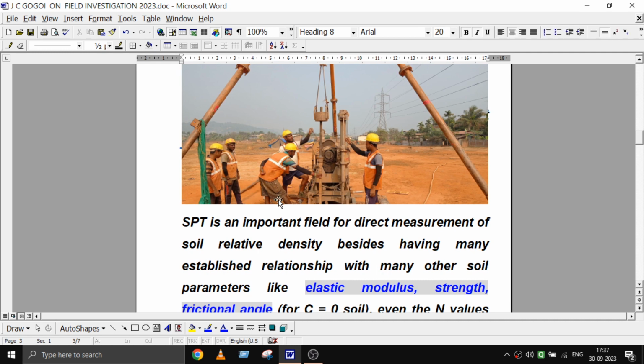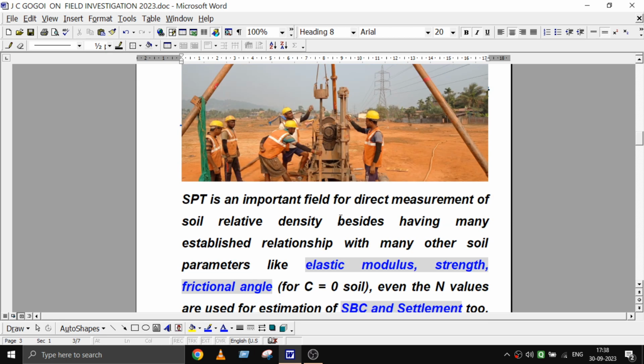These standard penetration test results, the N value, are directly related with the relative density, besides indirect relationships with elastic modulus, shear strength, and frictional angle for cohesionless soil.